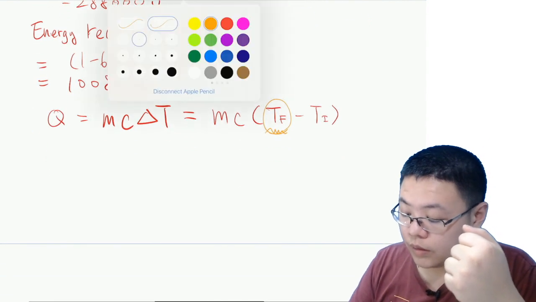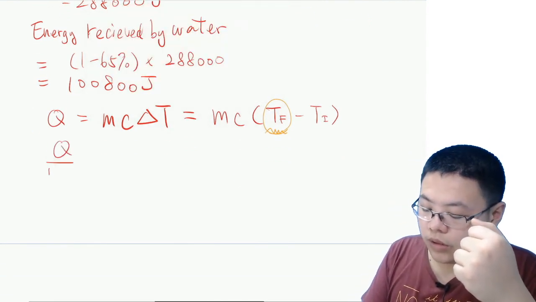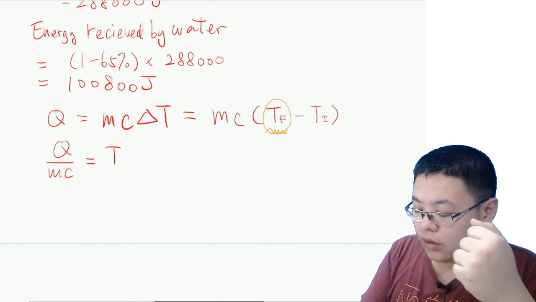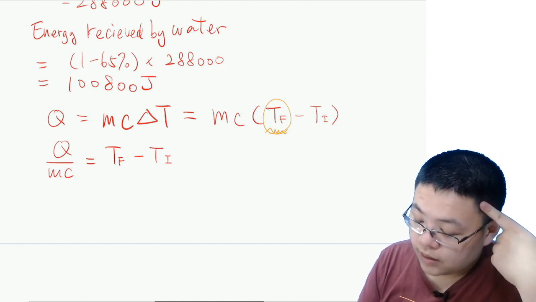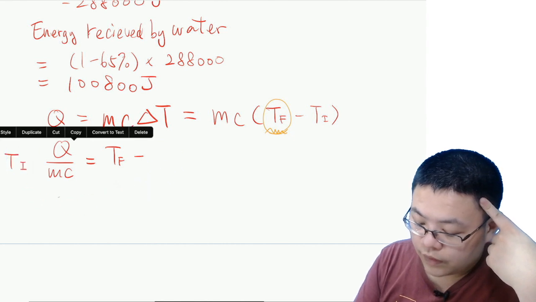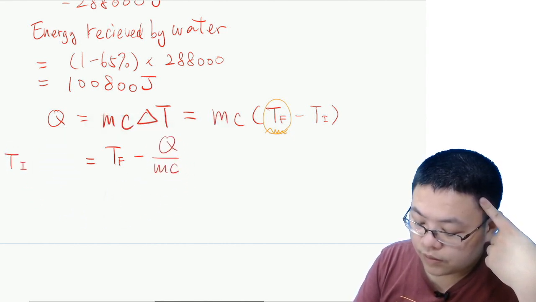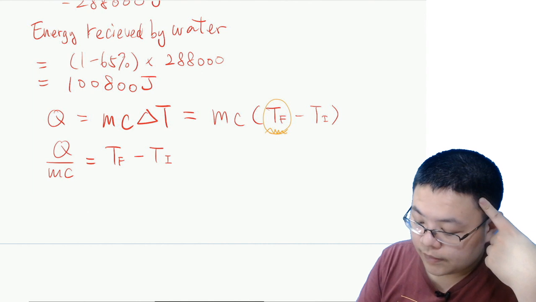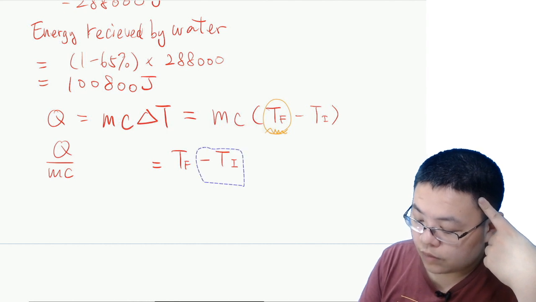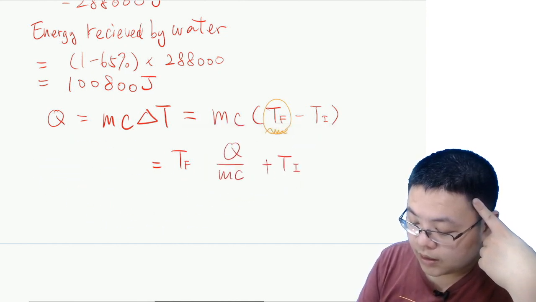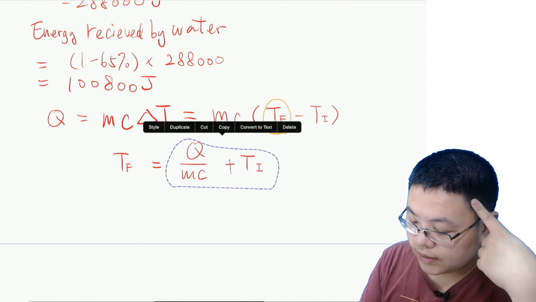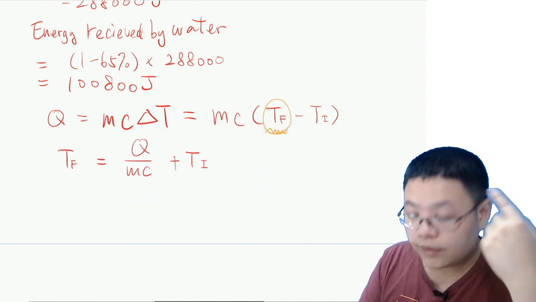So Q divided by mc equals TF minus TI, then move TI over, minus becomes plus. TF is what we are after, so this part comes over and becomes plus, and then swap. Okay, that is the final form.